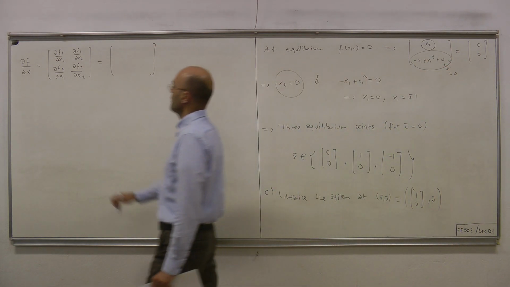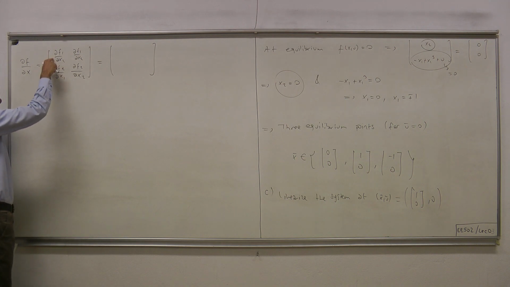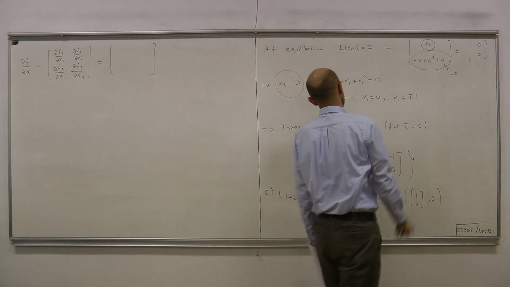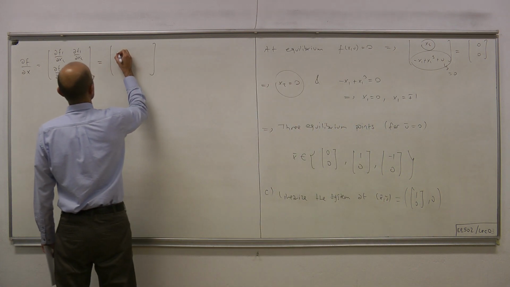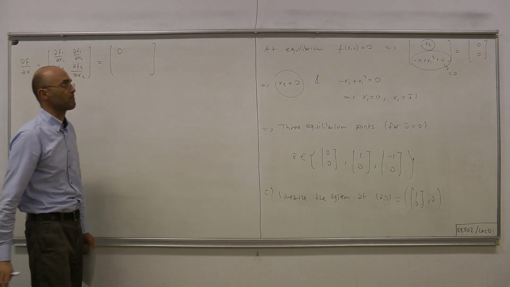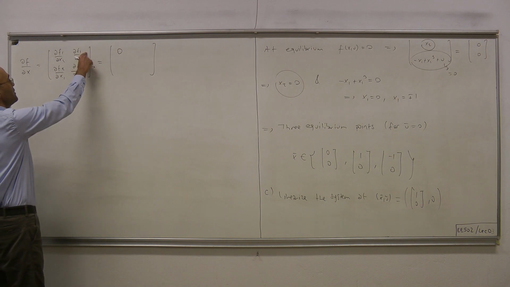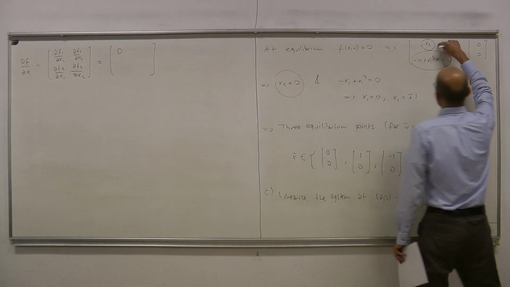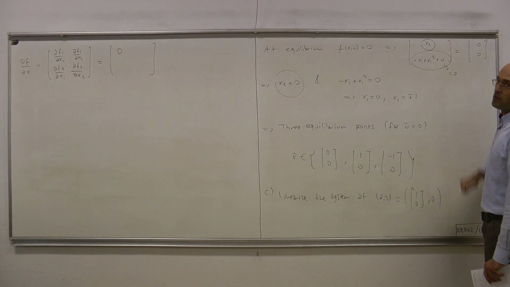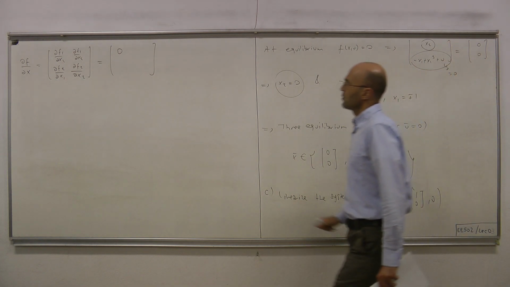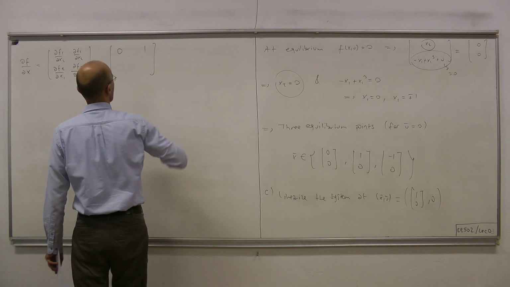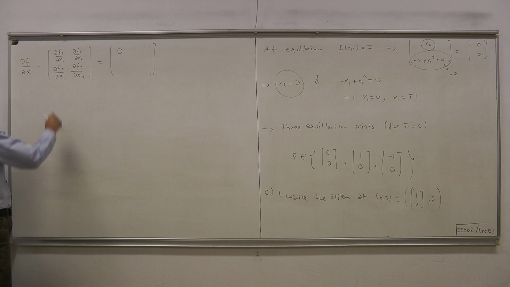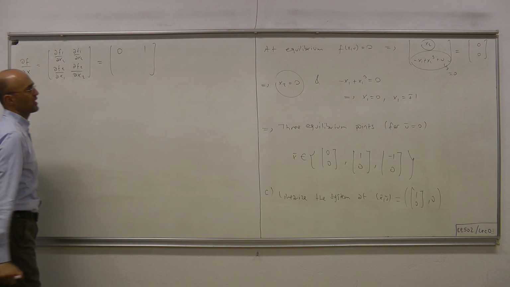Okay. Therefore, partial derivative of f1 with respect to x1 is, well, x1 does not appear in f1, therefore this entry is 0 at all points. And then we have this term, partial derivative of f1 with respect to x2. f1 is x2, therefore when you take the partial derivative you obtain 1. So this entry therefore is 1. Okay, we move to the second row. Partial derivative of f2 with respect to x1.